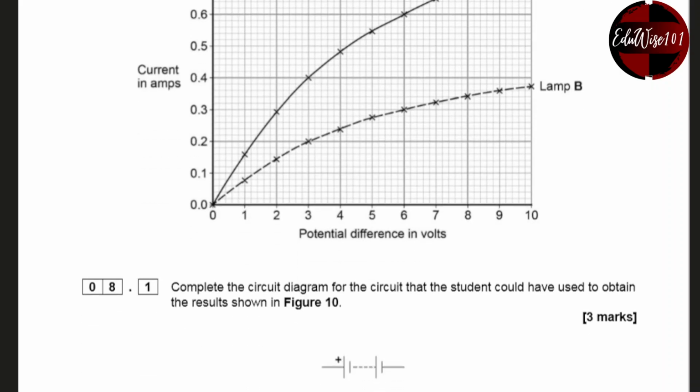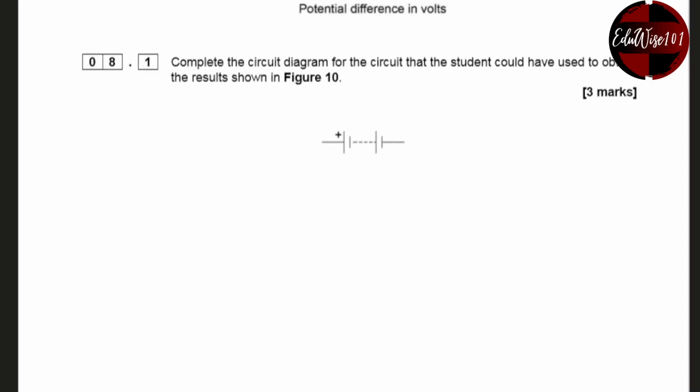Question: complete the circuit diagram for the circuit that the student could have used to obtain the results shown in figure 10. They have given you the power supply and they want us to complete the diagram.